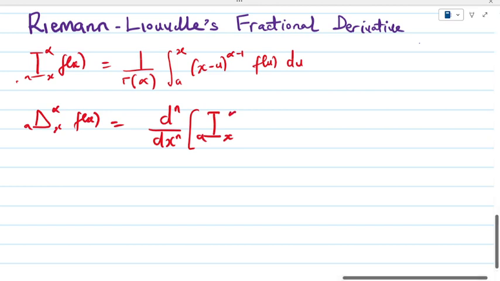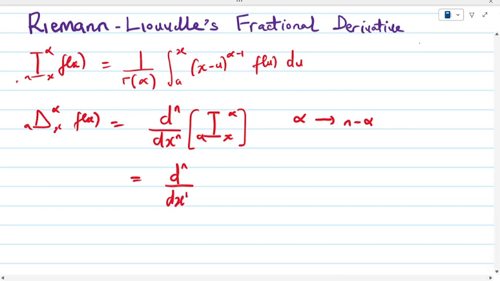But we have to extend our alpha to n minus alpha. So extending that, we have d^n by dx^n.